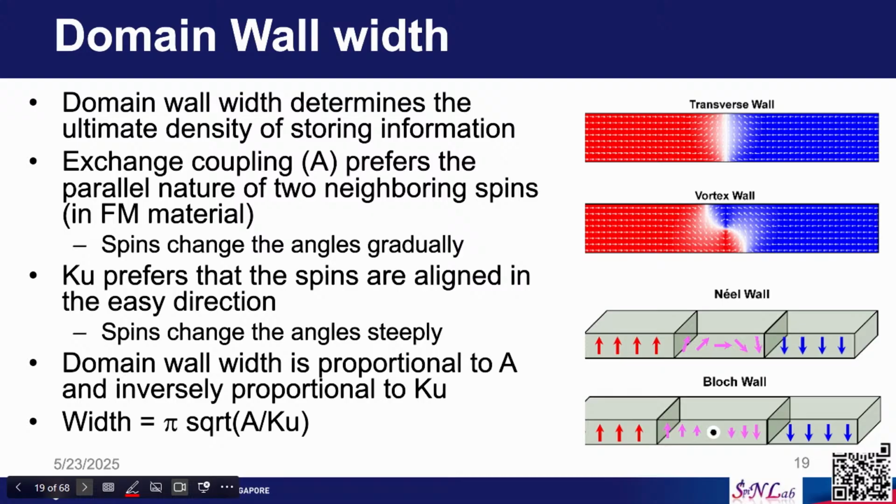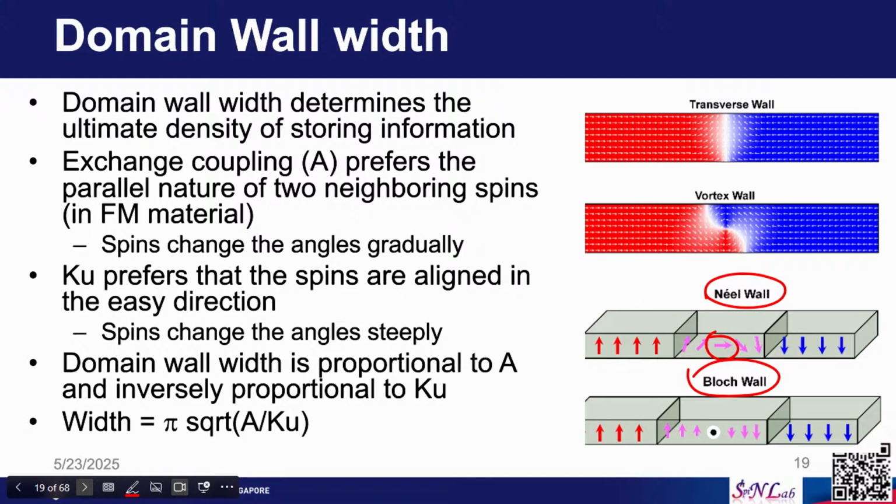So, here the way the domains form depends on the material and the material properties. Okay. So, if you have a perpendicular magnetic material, you have formation of two walls, one is a Neel wall, another one is a Bloch wall. So, in a Neel wall, as I said, the magnetization goes from up to down by kneeling down.